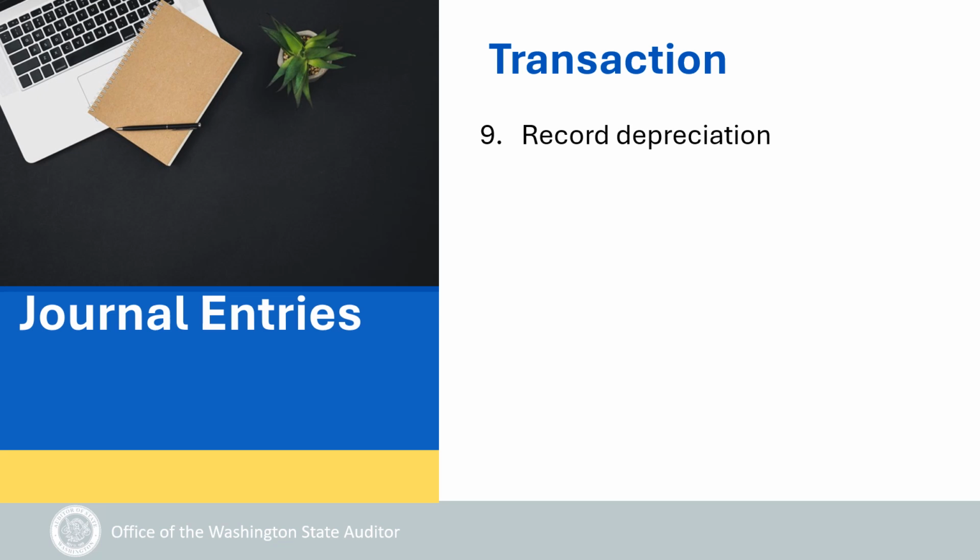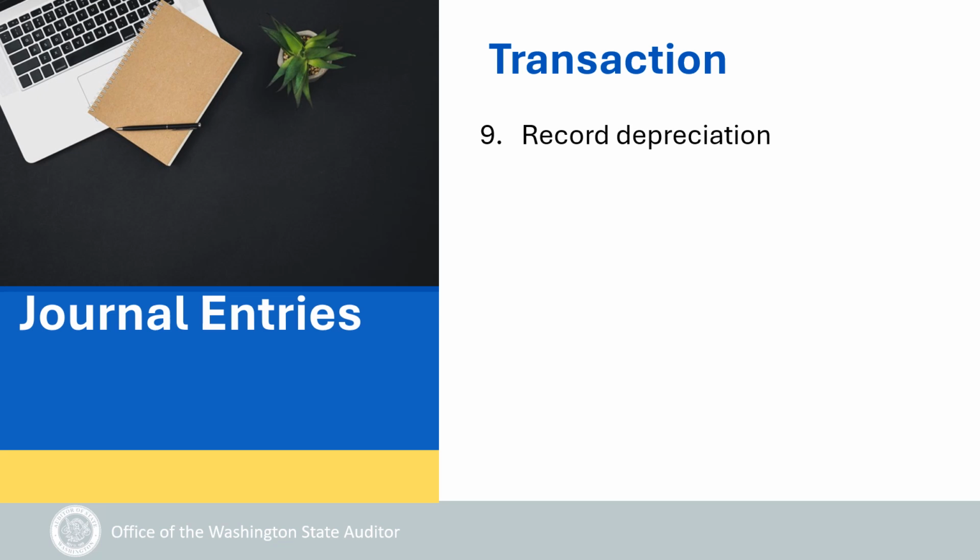We need to record depreciation expense, and to increase an expense, you debit it. On the other side of the transaction is accumulated depreciation, which is a contra asset account. We want to increase accumulated depreciation. Normally, to increase an asset account, you debit.